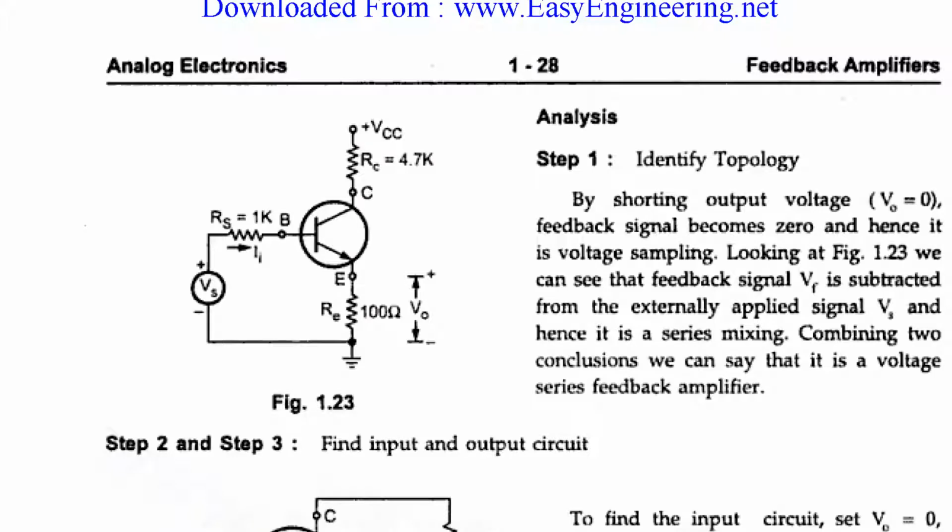What is the feedback in this circuit? They will ask. Then next they will ask, what is the gain with feedback, input resistance with feedback, output resistance with feedback, current gain with feedback? All this they can ask.